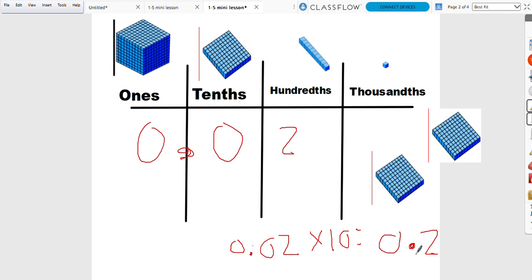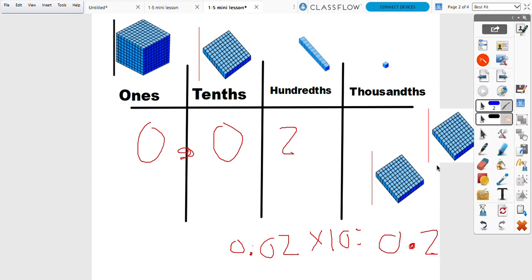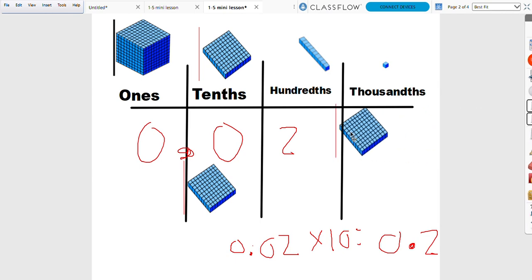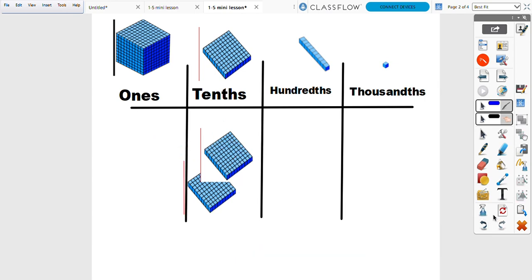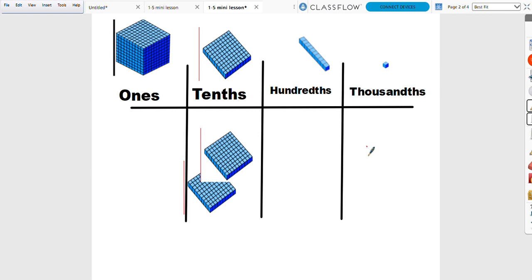And that is why. When you are expanding by 10, you're moving this way in the place value chart. So any time you are multiplying a decimal by 10, you're moving this way. The key concept here is just like in our whole numbers, the digits need to be the same. So you're not going to be changing those digits.